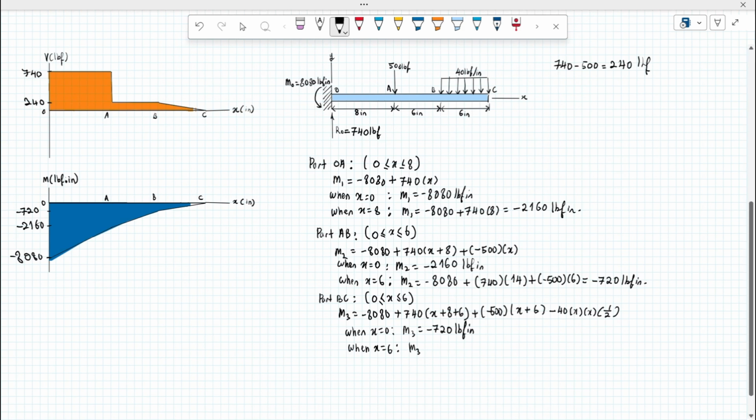We would get M3 equals to 0. So from here is a straight line, another straight line, and then another straight line until 0. Negative 720 and negative 720 here for part AB and BC is the same. So in the end, this is how you draw the bending moment diagram.